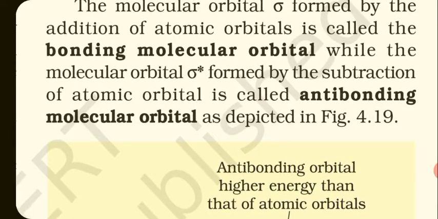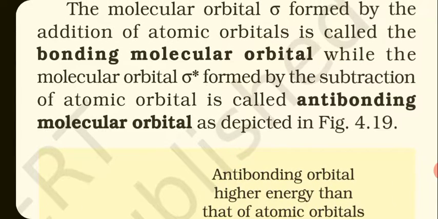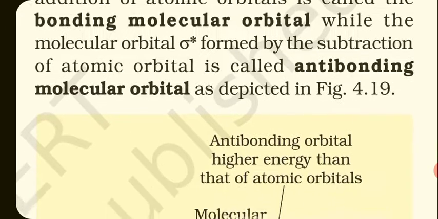The molecular orbital sigma formed by the addition of atomic orbitals is called the bonding molecular orbital, while the molecular orbital sigma star formed by the subtraction of the atomic orbitals is called the anti-bonding molecular orbital.